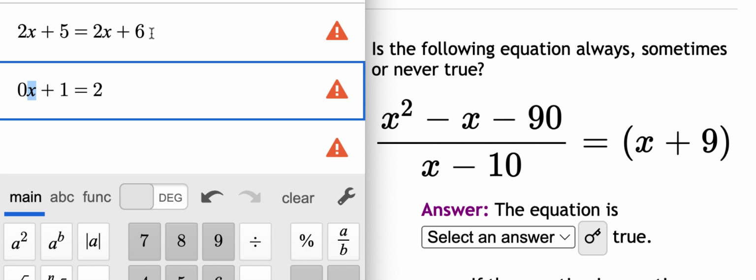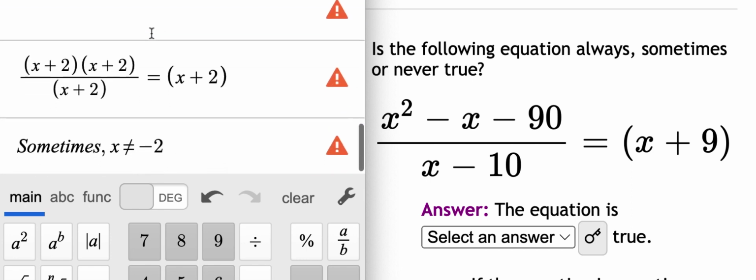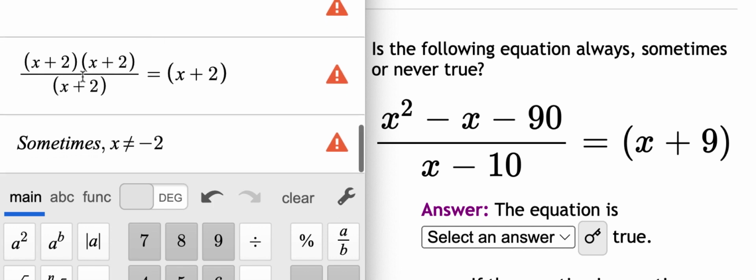Now you're also going to find in your homework today some questions like this. We know how to simplify an expression like this because we have an x plus 2 on the top and an x plus 2 on the bottom, and we can cross those out, leaving you with just x plus 2 equals x plus 2, and yes, you would say infinite solutions. But what makes it sometimes is the rule that says you cannot divide by 0.